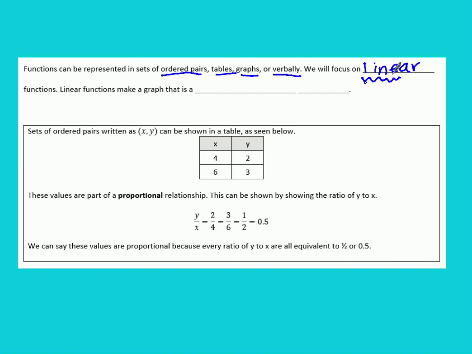Notice the word linear starts with the word line. So linear functions make a graph that is a straight line. So when we graph these on a coordinate plane, it's going to look like a straight line. So you would have your x and y axis, and then the actual graph of this function could look something like this, where this green line would show your graph of this straight line that we're talking about here.